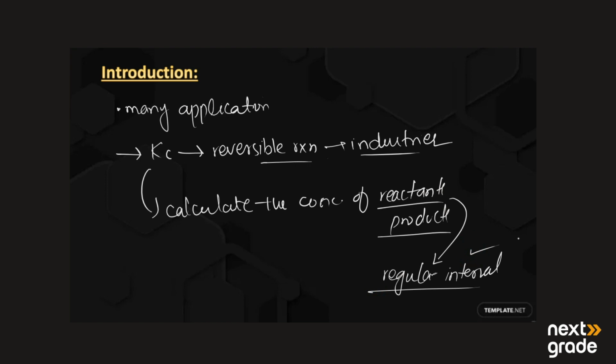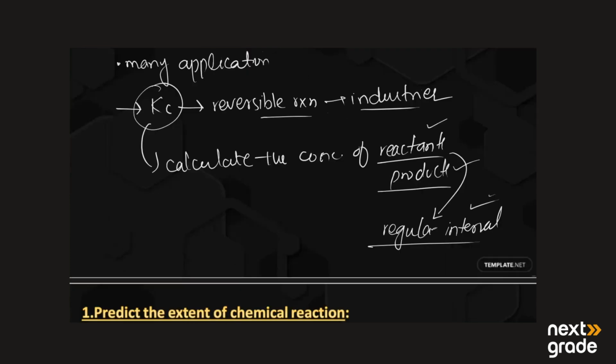So if we want to calculate the concentration of reactants as well as the products at regular intervals in a chemical reaction, then we can calculate it by the use of the value of Kc. So let's start with what the applications are.